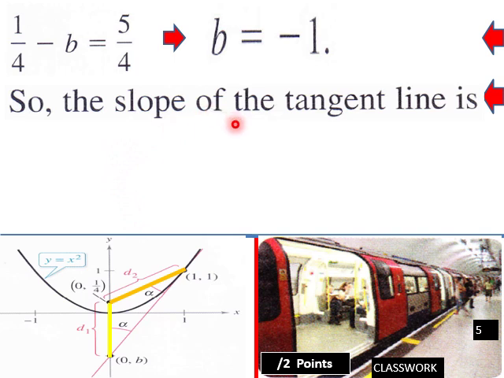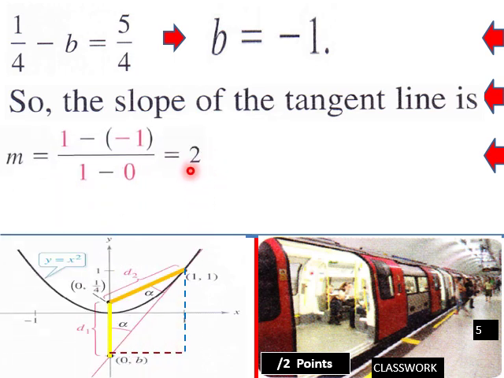To find the slope of this tangent line, we're going to use another triangle here. Here is the hypotenuse of a right triangle. The slope of the tangent line is rise over run. So we have 1 minus -1, which is 2. So this is 2 here. And our run here is 1.